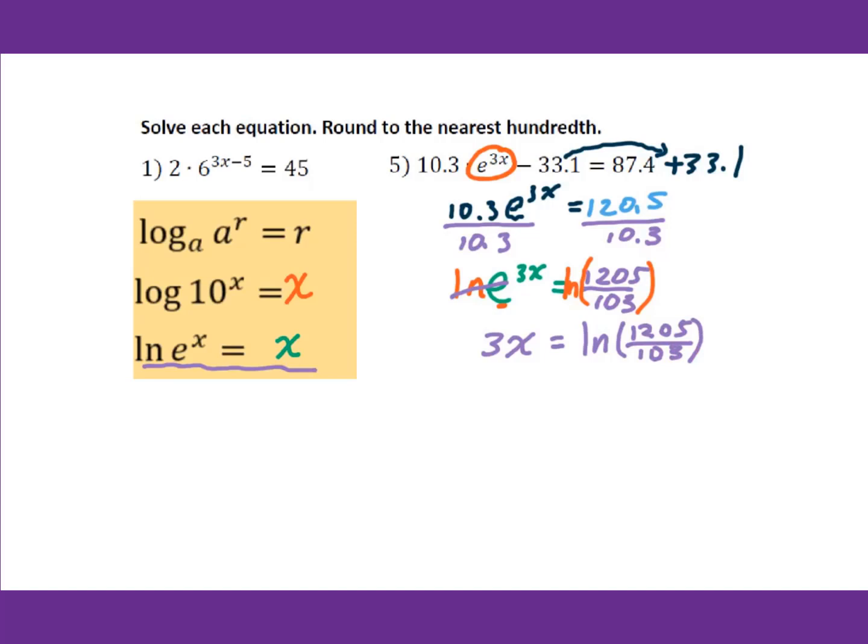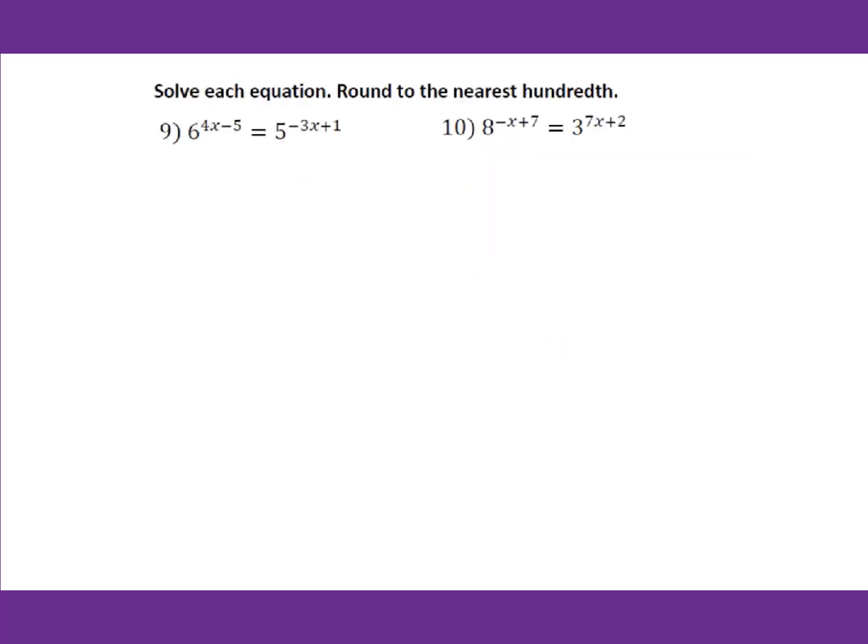Then we divide it by 3 both sides. Then we put into calculator, you will get x equals 0.82.